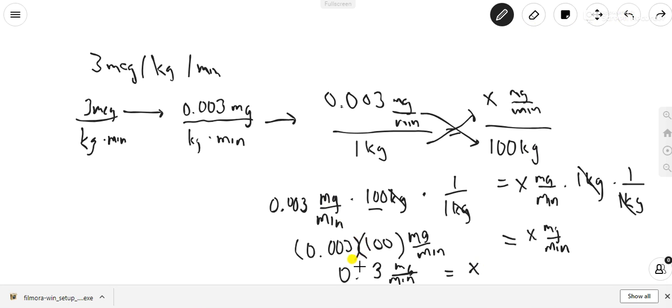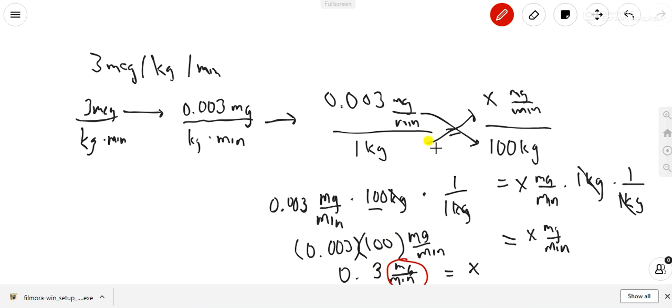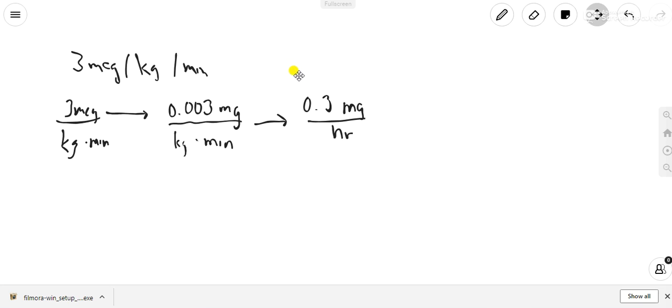Okay, next we need to change this milligrams per minute into milligrams per hour. And so we set up a proportion like this. And just before I set up that proportion, I'm just showing you our progression so far.